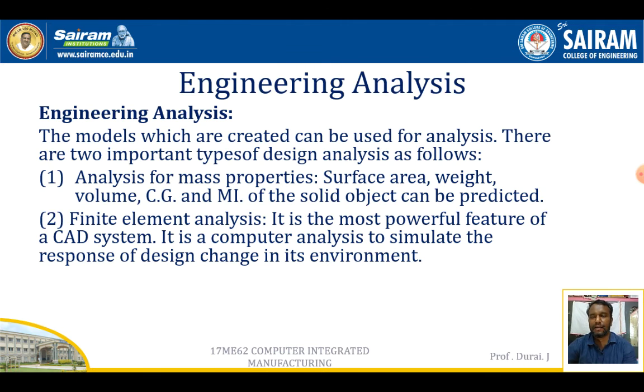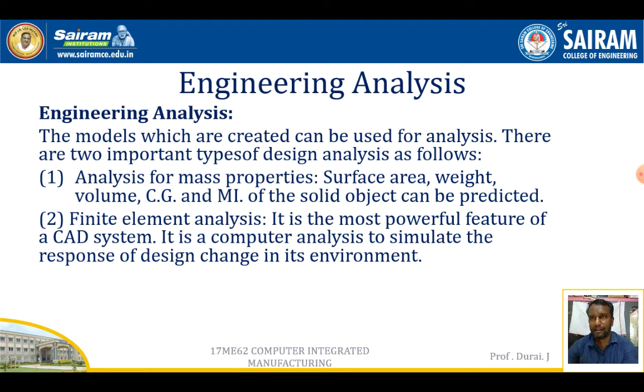Then comes the next one, engineering analysis. This engineering analysis involves stress strain calculation, heat transfer computation, fluid flow analysis, etc. Different types of analysis can be performed on the geometric model, like structural analysis, thermal analysis, electromagnetic analysis.